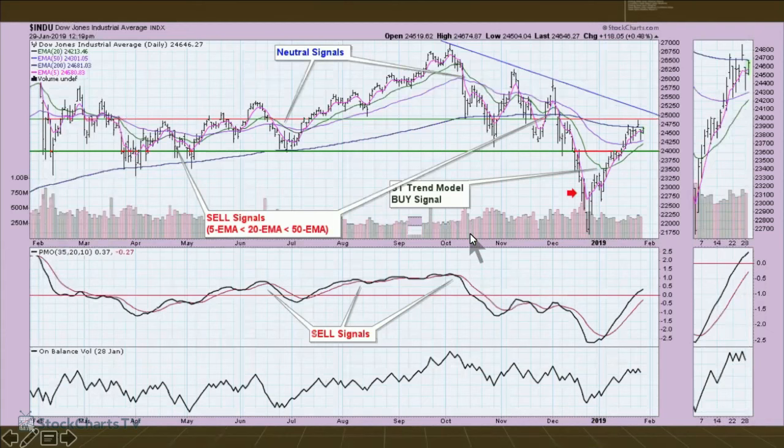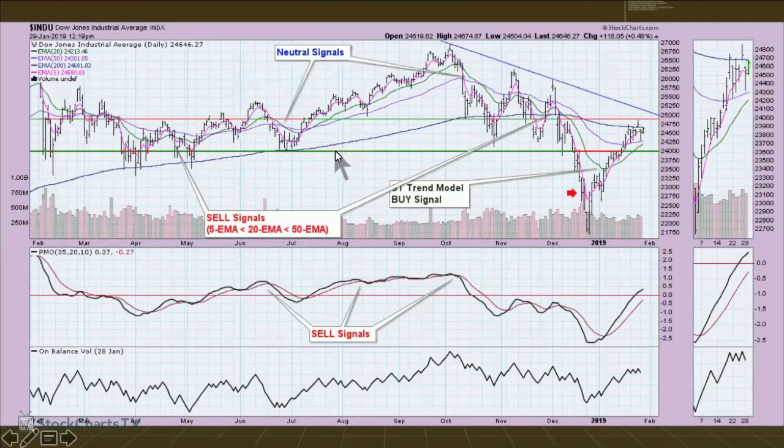Now, I brought neutral into the game here because in Decision Point, we follow moving average crossovers. And that's how we come up with our short-term, intermediate-term, and long-term buy, sell, and neutral signals. So the easy one is the 50-day EMA and the 200-day EMA. An upside crossover is buy, and a downside crossover is always a sell.